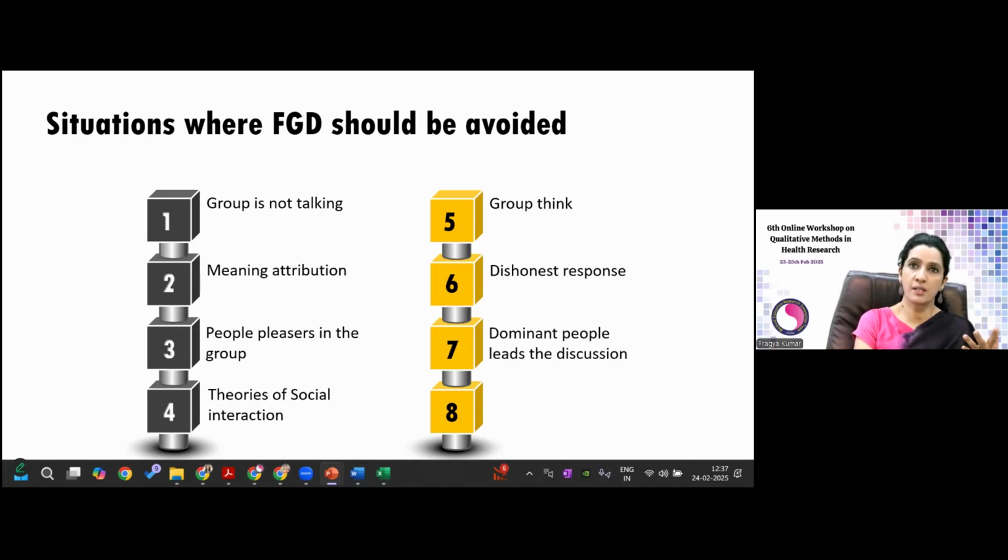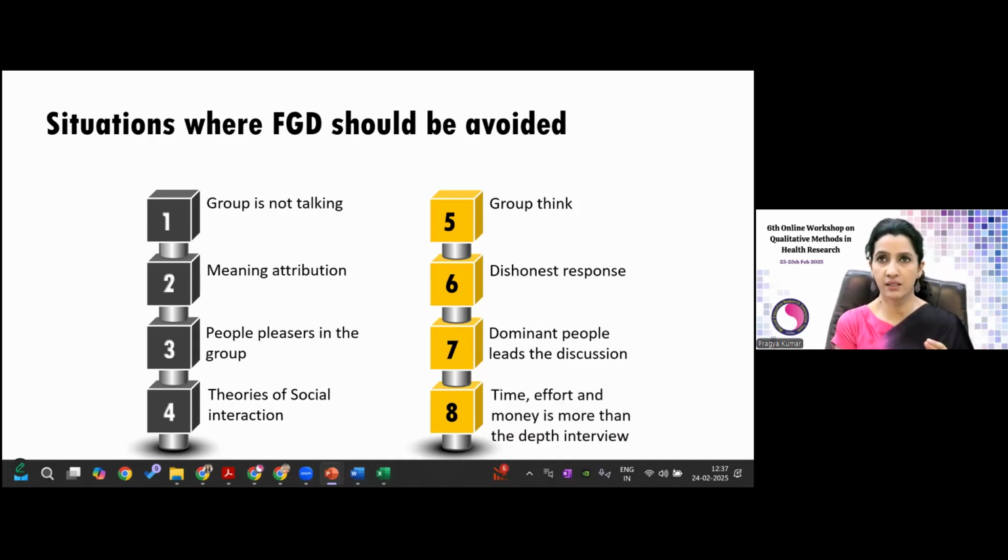When there are dishonest responses, when there are dominant people who are leading the discussions, and when the time, effort and money is more than an in-depth interview, then also it should be avoided.